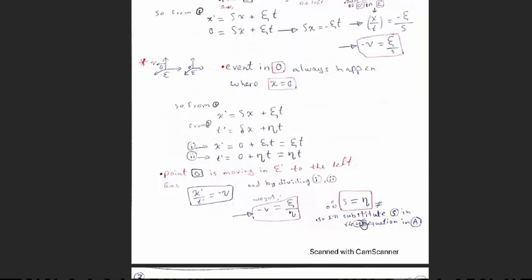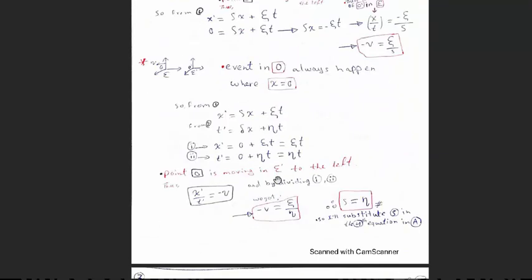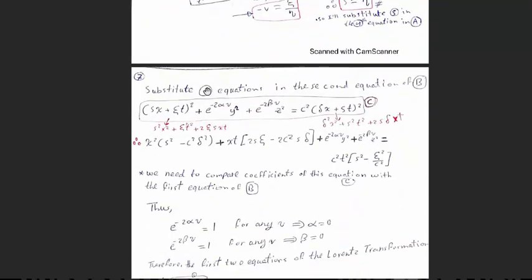So here we got epsilon in the denominator and here epsilon in the denominator. So this means that what we got here, which is s, must equal eta. So s equals eta, and we will substitute eta by s in this equation from now on.